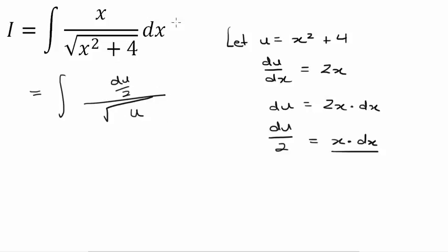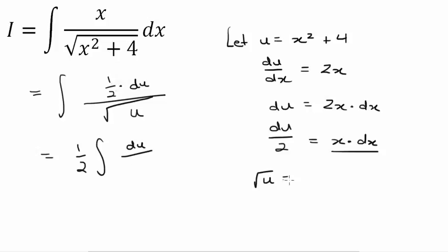Now, let me rewrite the numerator in a different way. I know it's du on 2, but that's really the same thing as saying half times du, right? It might catch you off guard, like, oh, how do we deal with the half? Half is a constant, so of course we can take the half outside the integral. So we have half times the integral of du on the square root of u, but I'll rewrite the square root of u as u to the half.